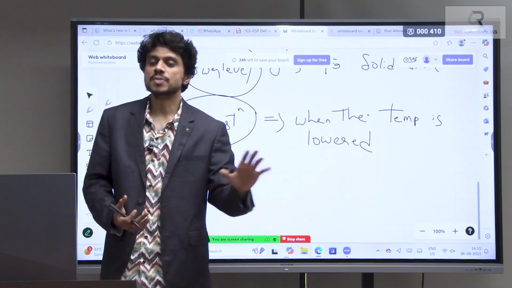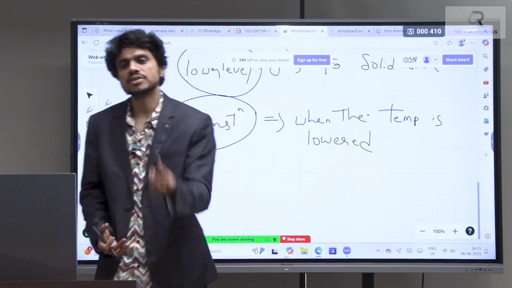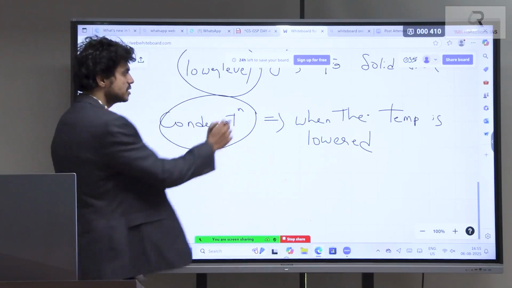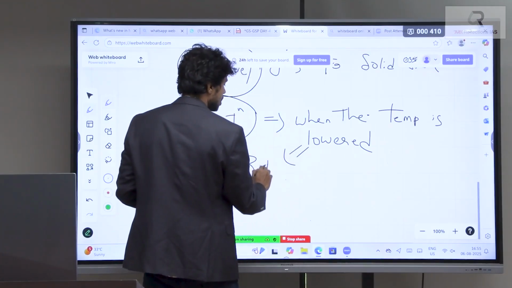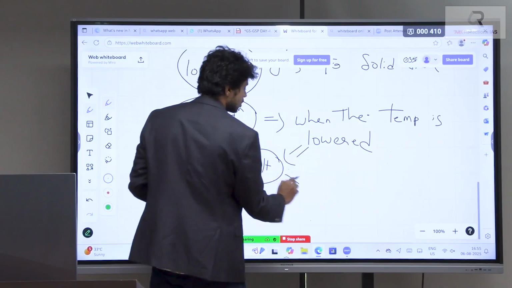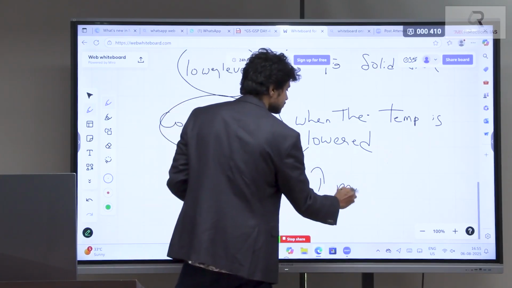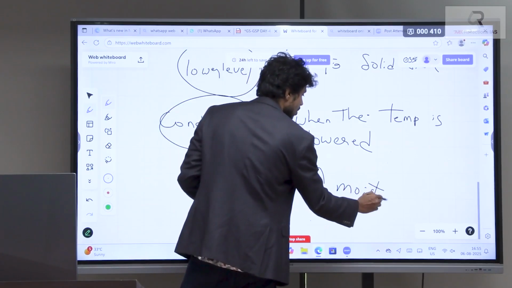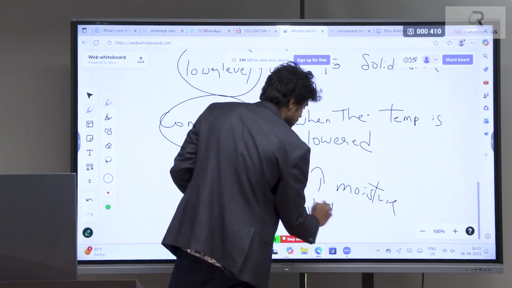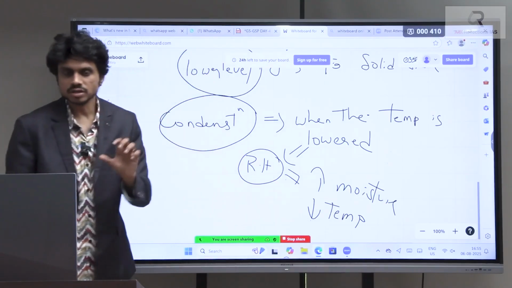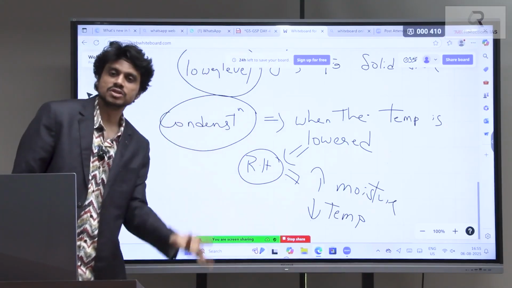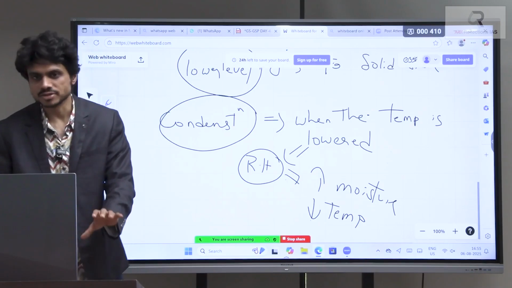Relative humidity is dependent on two factors: either you increase the moisture, or lower the temperature. Either you are adding water or you are reducing the temperature, thereby reducing its capacity.